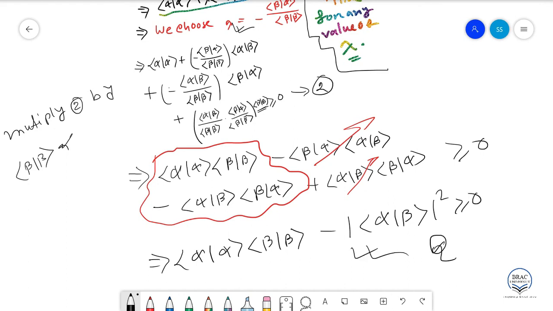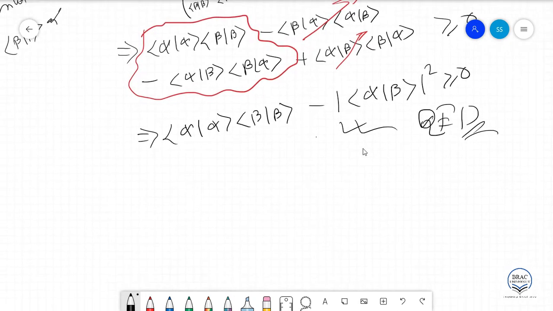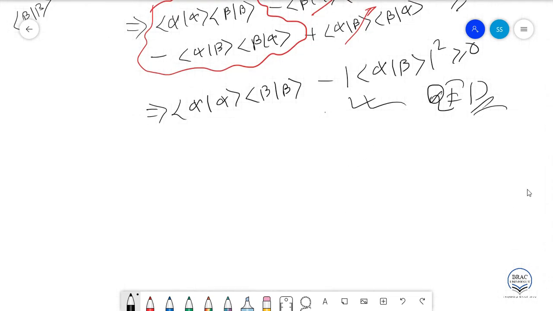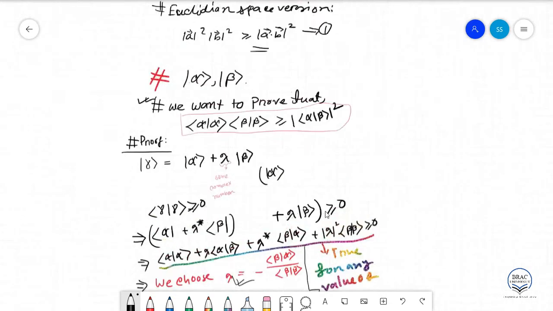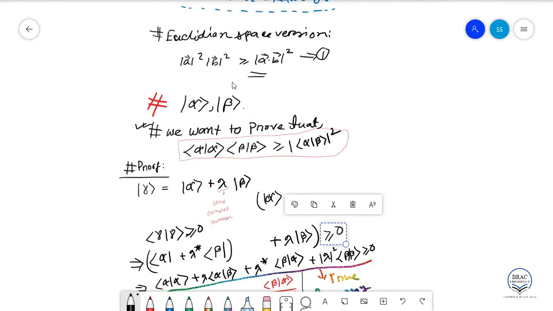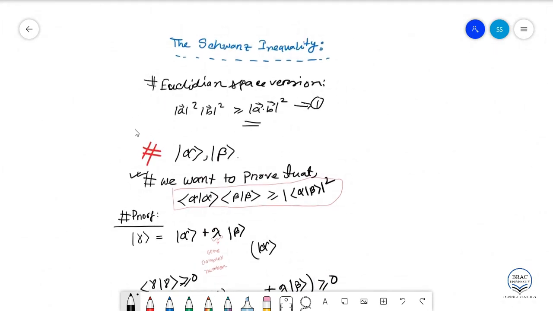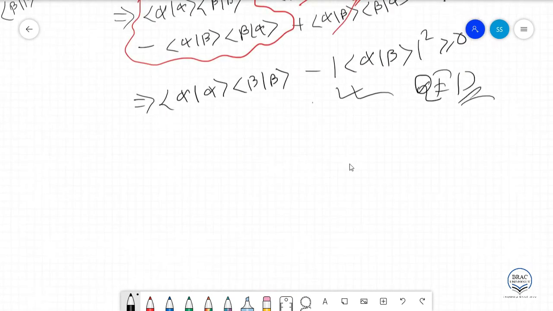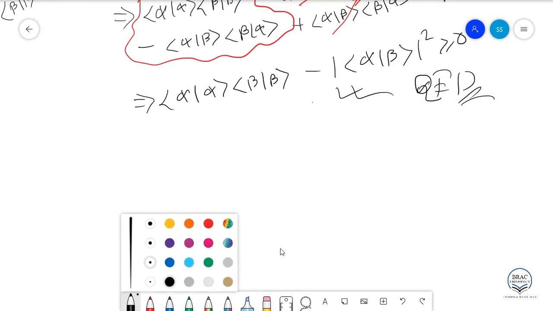This is the proof. QED. This inequality is important because it will help us in deriving the uncertainty principle. And this is analogous to the 3D Euclidean space version that we talked about at the very beginning, and this is called the Schwarz inequality.